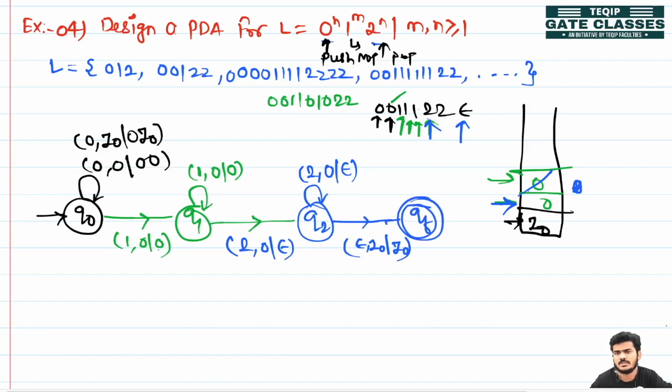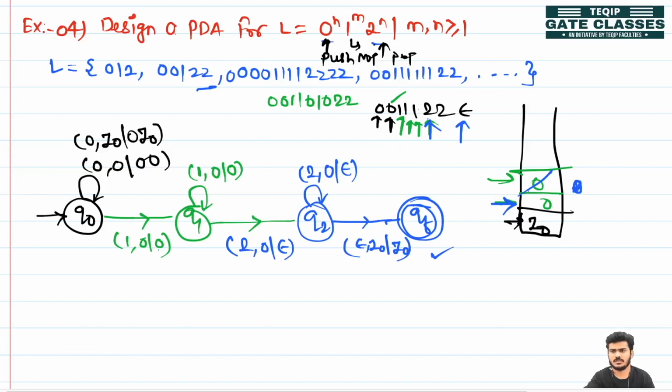Okay, so this way we will accept all the strings present in this language, and in the same way, we should reject all other strings which are not present in this language. So we can say that this is the PDA for this language.